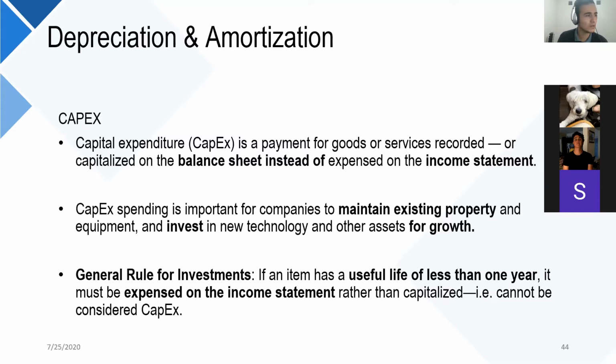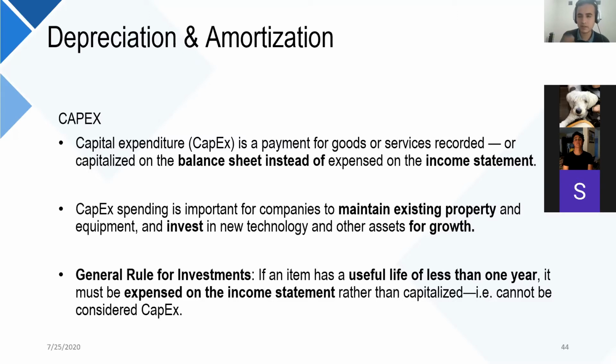As a general rule, if an item has a useful life of less than a year, it should not be considered as capex. It should be considered as an expense. And if it has a higher useful life than a year, then you can consider it as a capex. Remember, that's the trick for identifying capex.